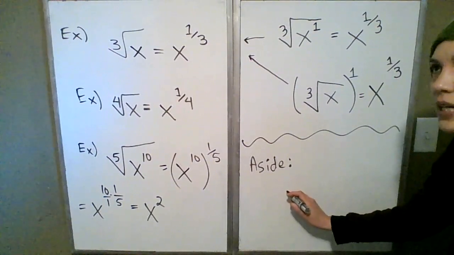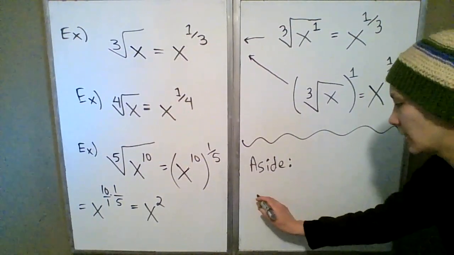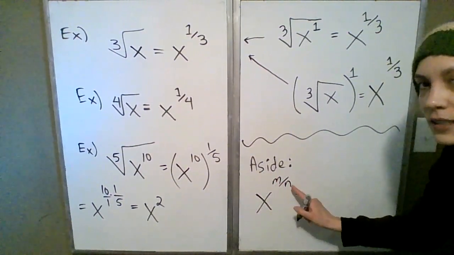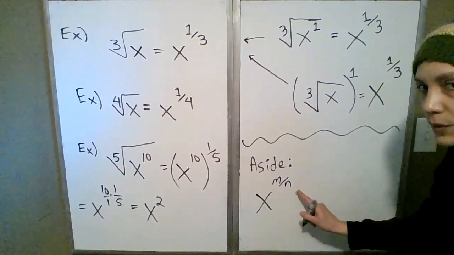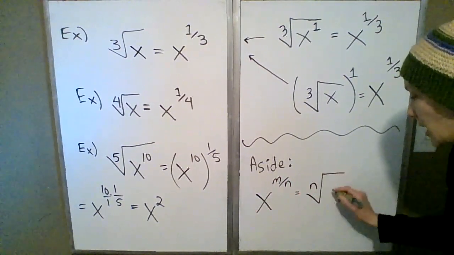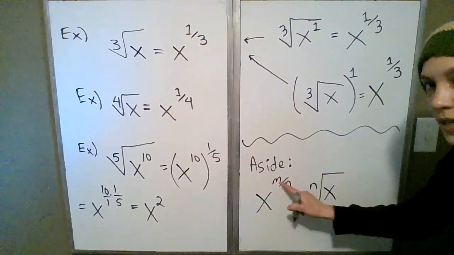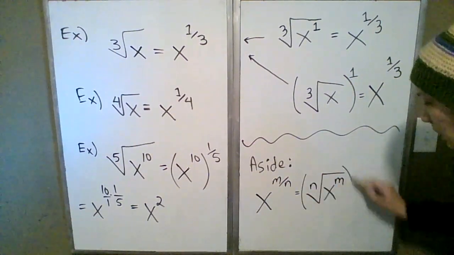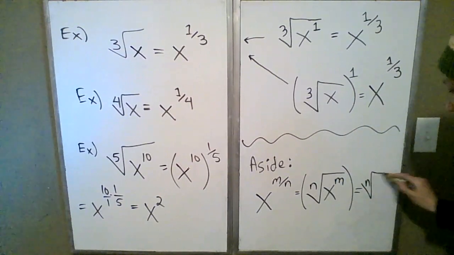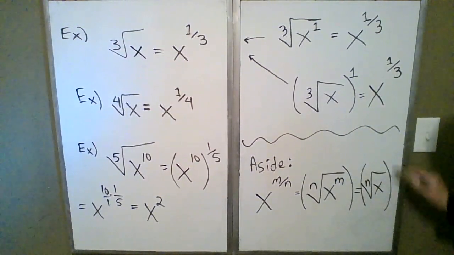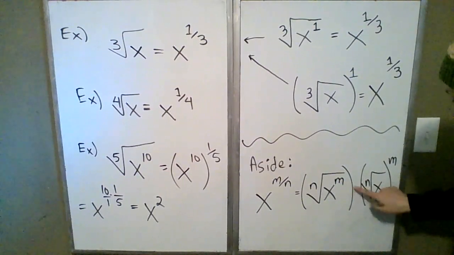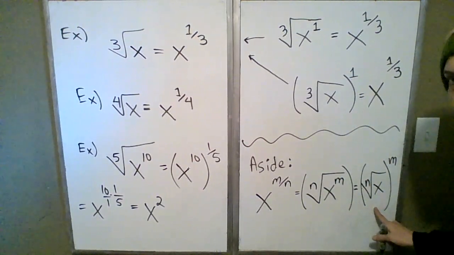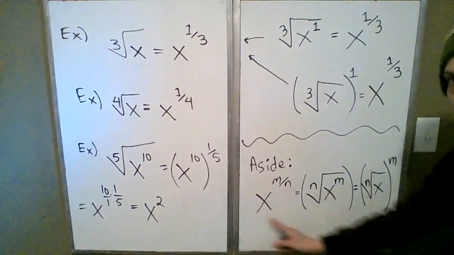With x to the power m over n, n, the denominator, is your root. So it's the nth root. And you can have that numerator as the power under the root or outside. So you can put m right here, or you can have your nth root of x and put the m outside. You can pick this version or this version. Either way would work, but we're going to practice this on Thursday.